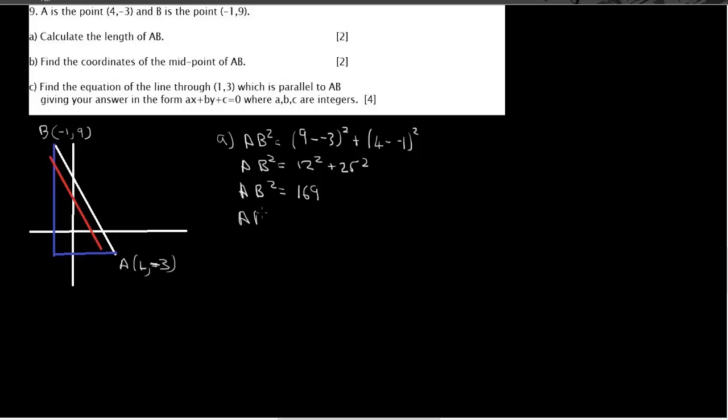So conveniently AB squared is 169, which gives AB equals 13. For 2 marks.